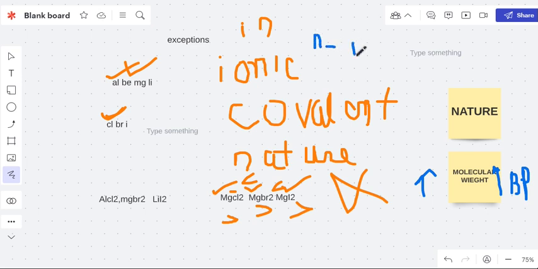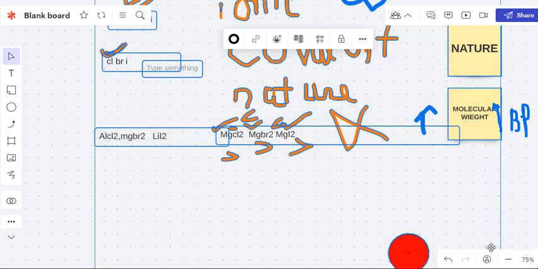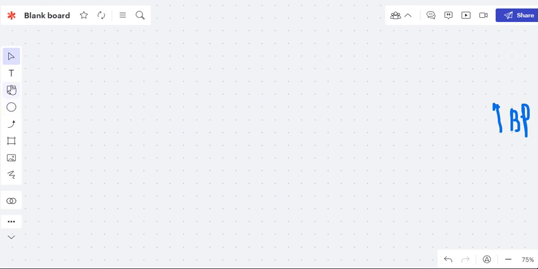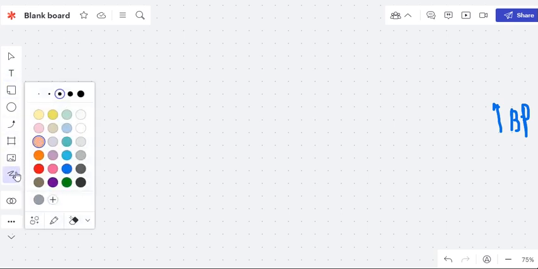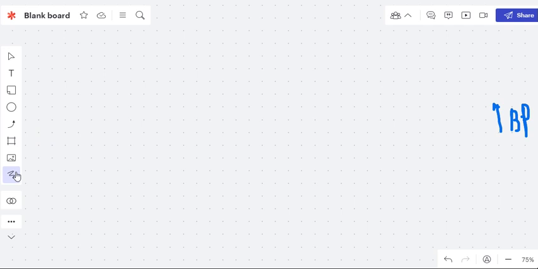Like n-butane, isobutane, neobutane. Let's see what it means. Let's take the example of n-pentane, formula C5H12.